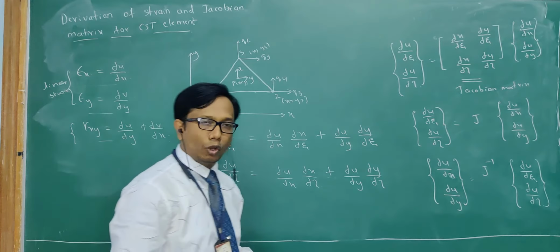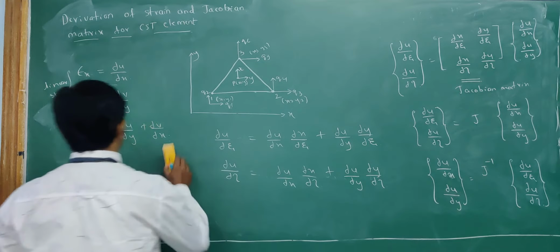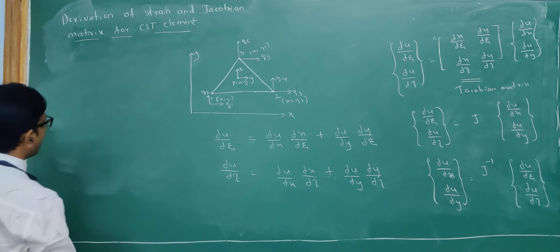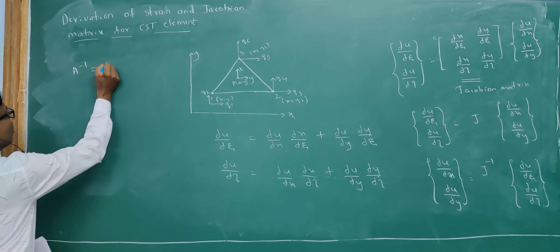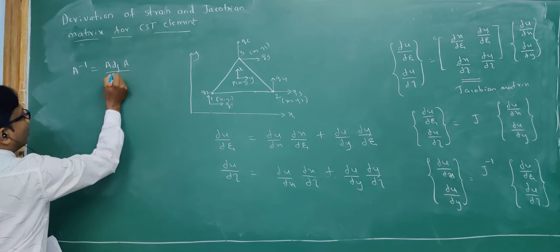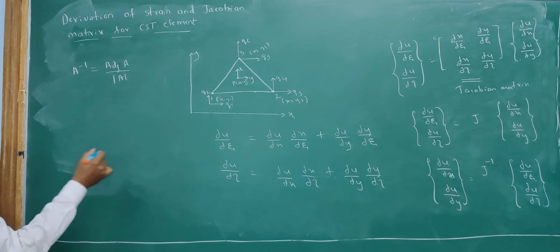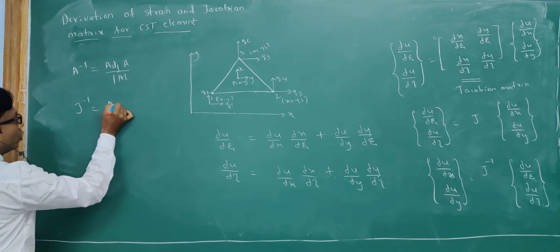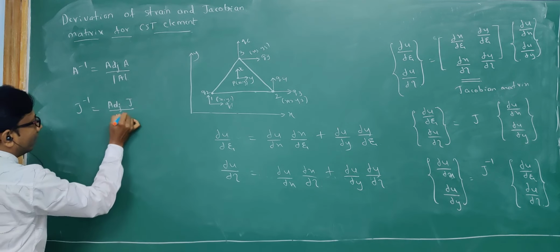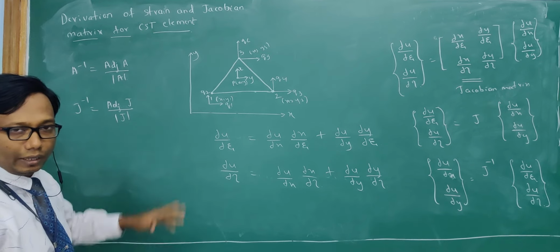J inverse is nothing but adjoint J upon determinant J. Any A inverse is adjoint A upon determinant A. Similarly, J inverse will be adjoint J divided by determinant J. In order to find adjoint J, first we need to find the cofactor of this, and later get the adjoint of it.